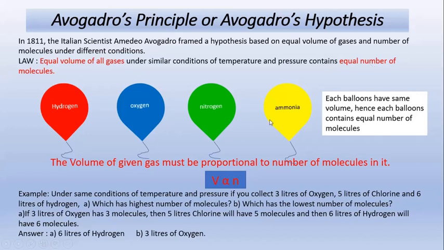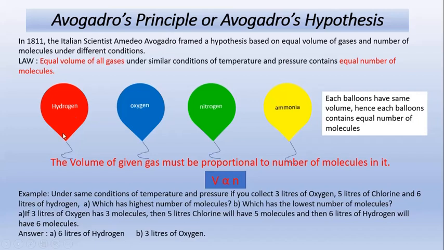Now, look at this balloon. The balloon has a gas inside. One is filled with hydrogen, another with oxygen, another with nitrogen, another with ammonia. Now, the volume of these balloons is exactly equal.